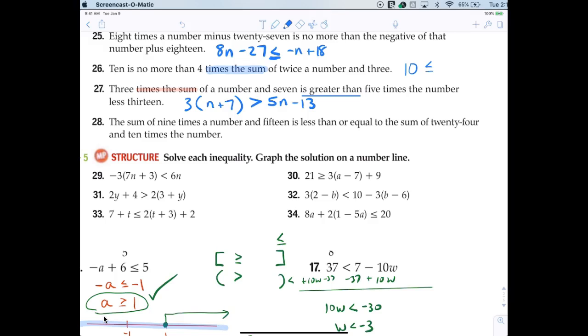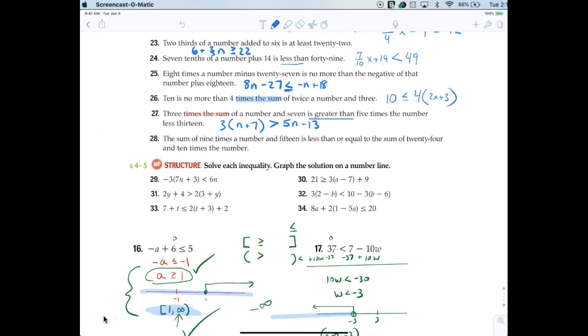When it says 4 times the sum, times and sum, 2 operations in a row, requires parentheses. So it's going to be 4, open parentheses. Now, the sum of what? So it would be 2x plus 3. All right?